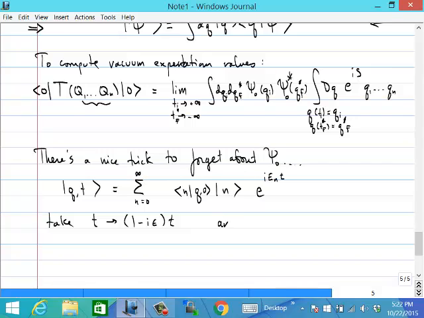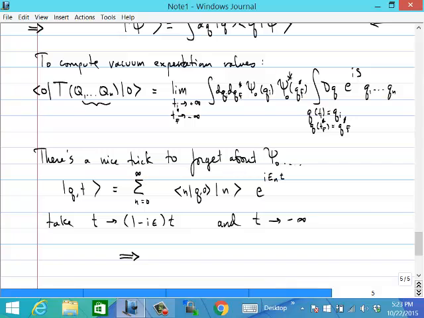And then imagine going to very early or very late times. So I suppose here I want to go to very early times. So if you go to very early times, then what does this expression become?